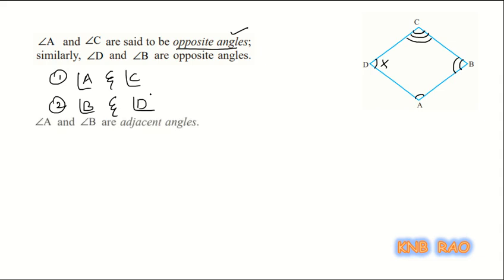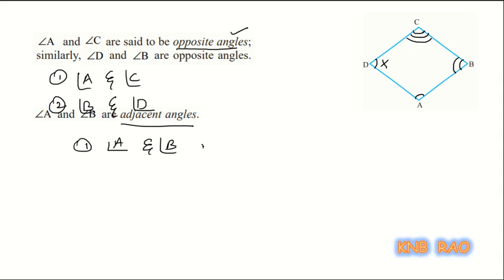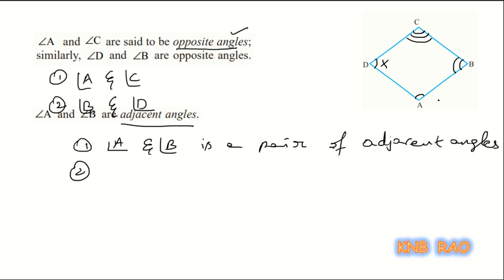Now we have another important word called adjacent angles. Angle A, angle B is one pair of adjacent angles. And similarly, angle B, angle C is one more pair of adjacent angles.